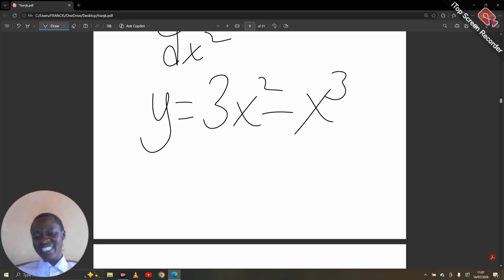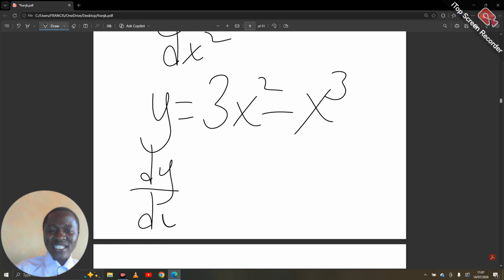Remember, at the back of your mind, you are dealing with the stationary point, and do not forget the powerful term that dy over dx equals 0 when it comes to a stationary point.